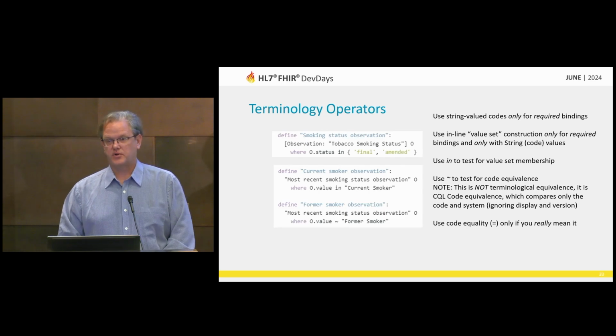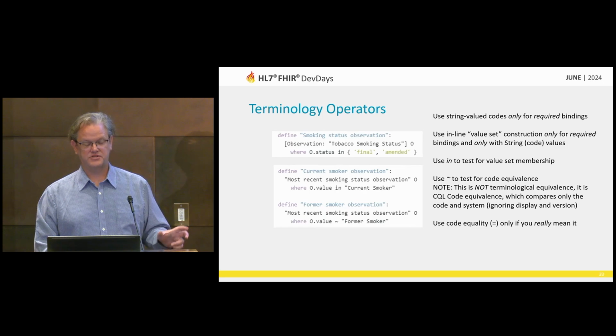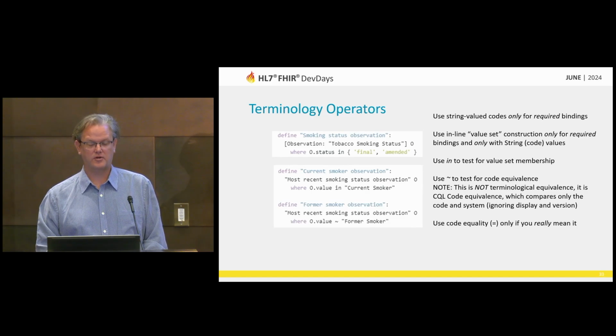So, terminology operators. CQL has, in addition to being able to talk about the terminology, specific operators for terminology operations. String valued codes are only used for required bindings. So I can say o.status in final or amended, because the status element of the Observation resource is bound required to a set of codes.